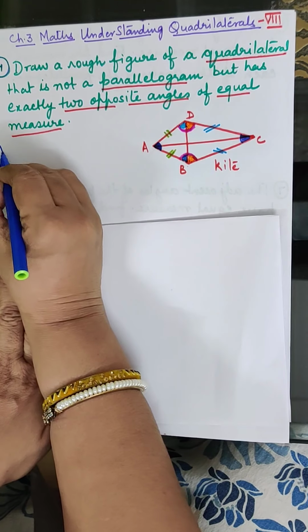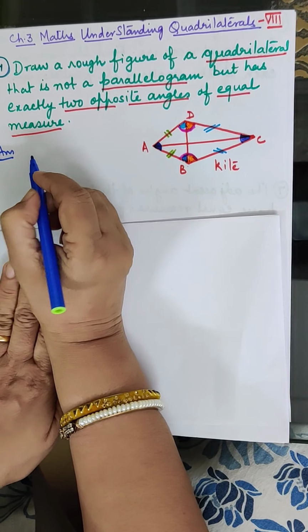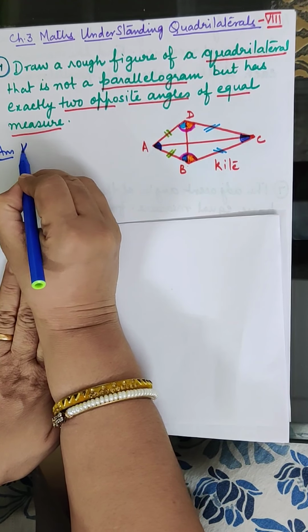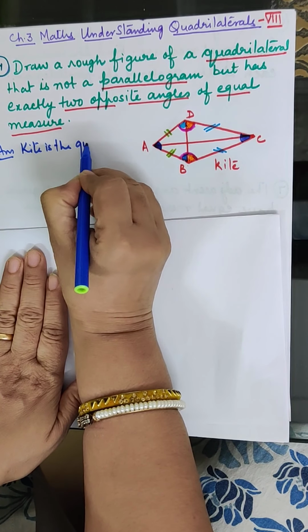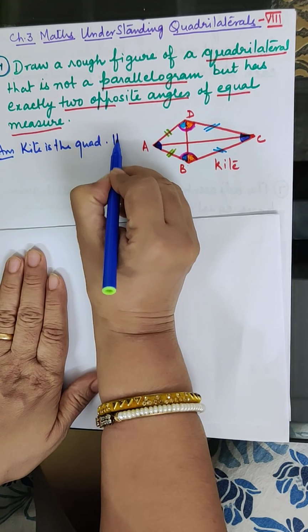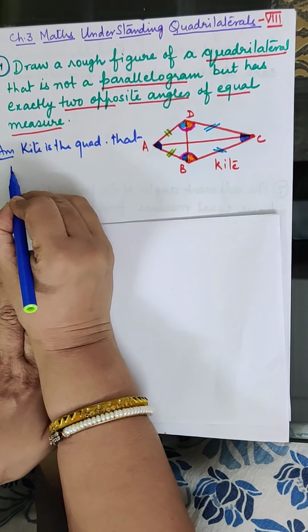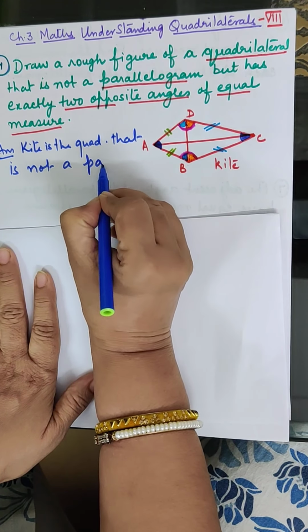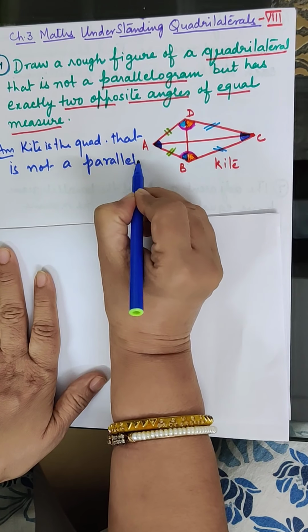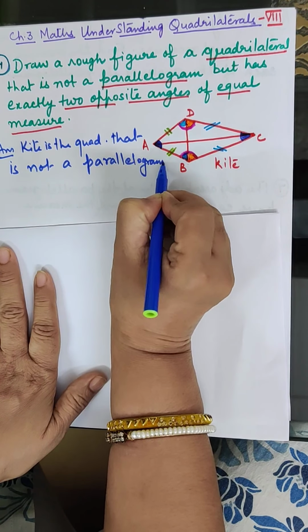So your answer is: kite is the quadrilateral that is not a parallelogram. Why is it not a parallelogram?